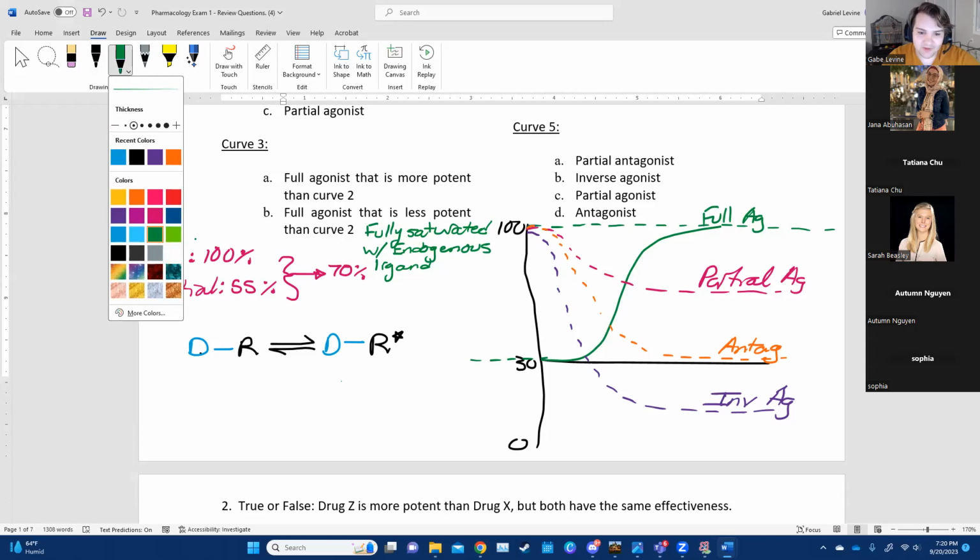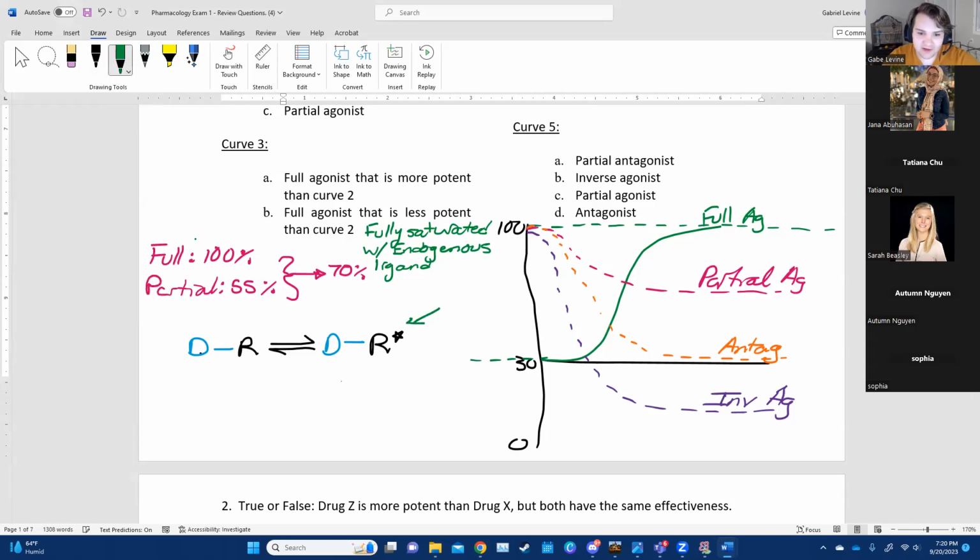We know, based on what we've learned previously, that full agonists will increase the ratio of activated receptors, or receptors in the active state, right? They are going to push this ratio so this side is higher.